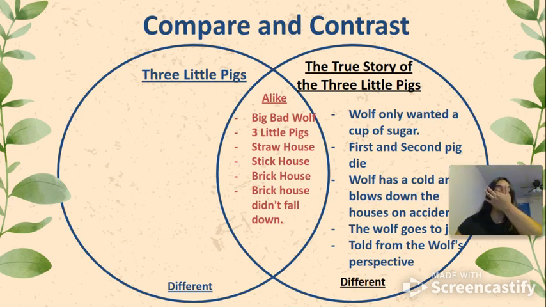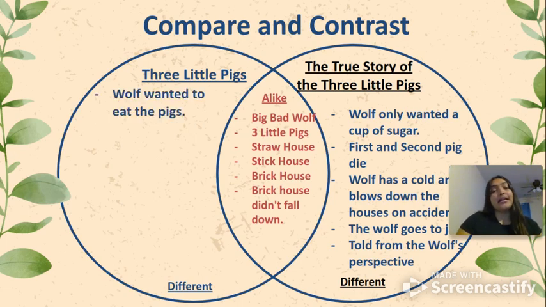What about in the story, The Three Little Pigs, that we read yesterday? Yeah, the wolf wanted to eat the pigs in this story. In the one that we read today, he claims he only wanted a cup of sugar. Like we said, all three pigs survive in the Three Little Pigs book that we read yesterday, but in this story that we read today, the first and the second little pig die.